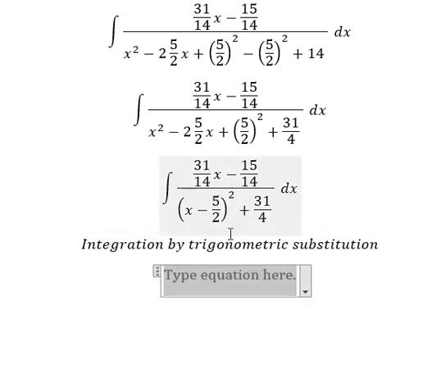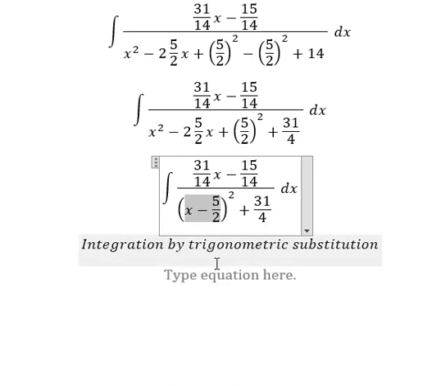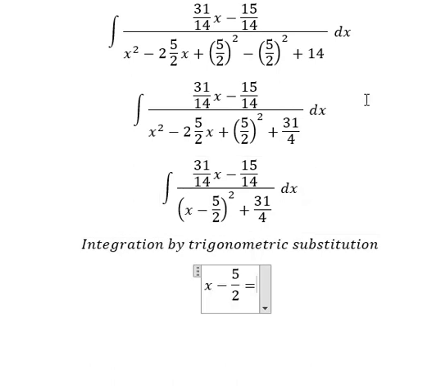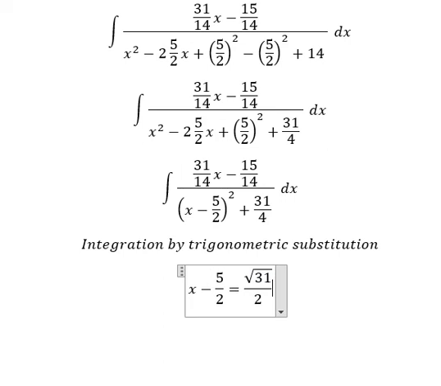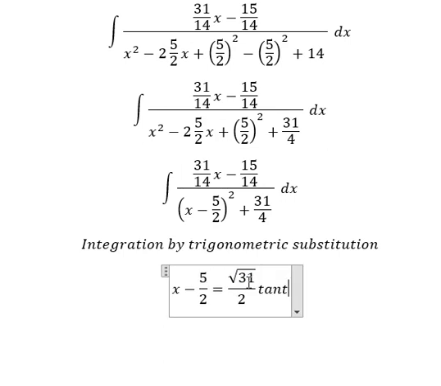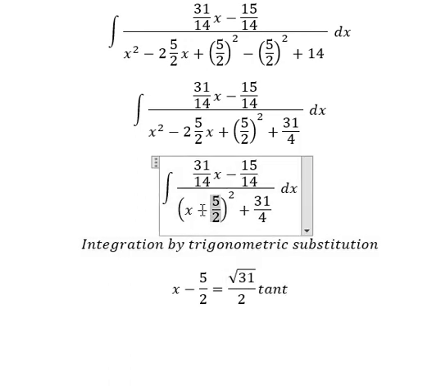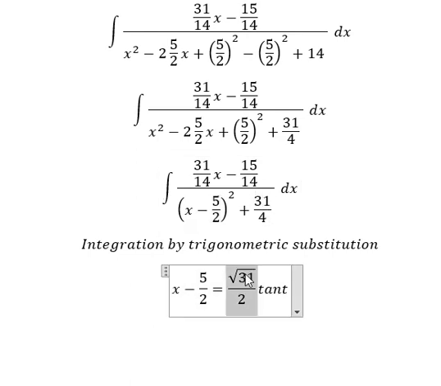So I will put this one equals the square root of 31 over number 2, and I will use tan t, because if I put this one going here, we have 31 over 4 tan t square, 31 over 4.